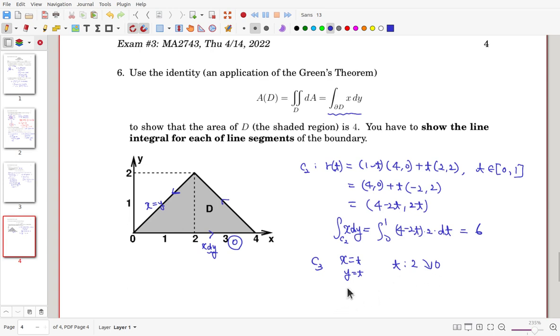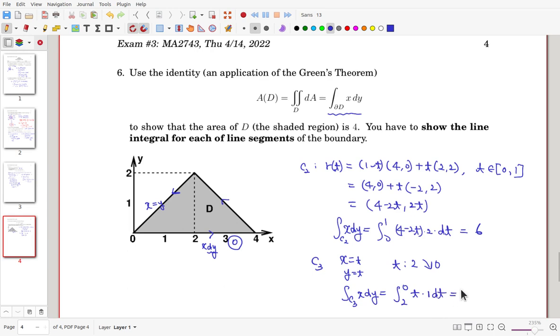The integral along C3 in positive direction of x dy is from 2 to 0. As t is moving from 2 to 0, x is t, and dy is y prime, 1, dt.